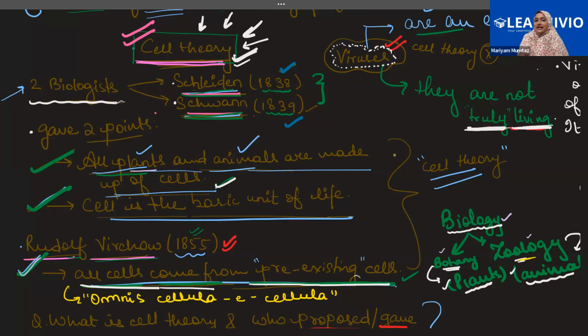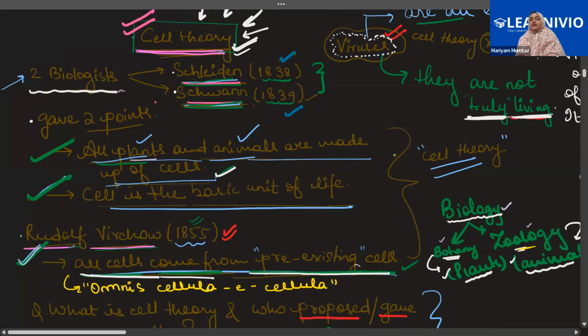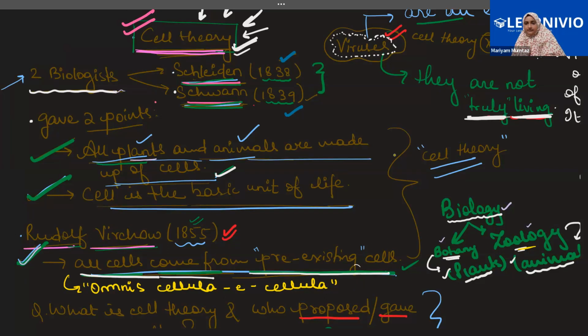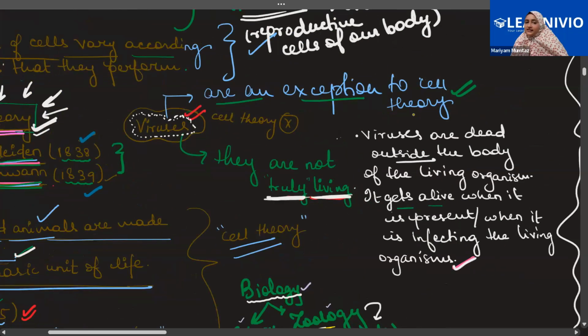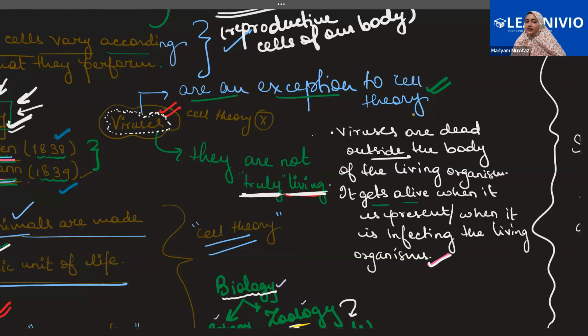So you should know it's Schleiden and Schwann. Now, this cell theory is applicable to every single living organism. But there is an exception, and that exception is the virus. Viruses, do you know what viruses are? What are they?